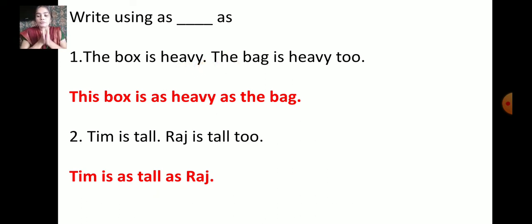And the first sum was as easy as the second sum. Maya is as careful as Anu. When you're comparing two persons with the same thing, you will use the words as and as. Your head question will be given here, using as and as.